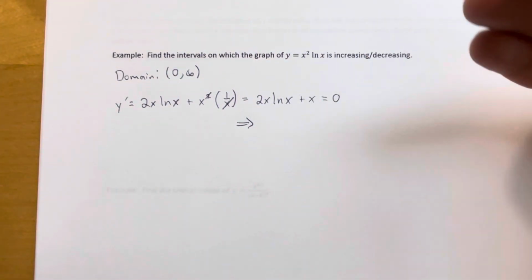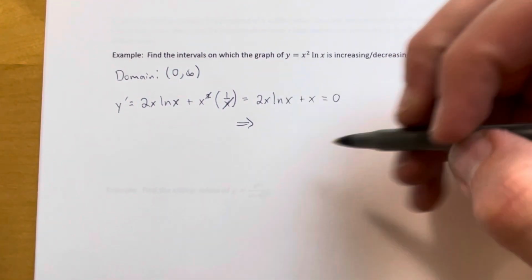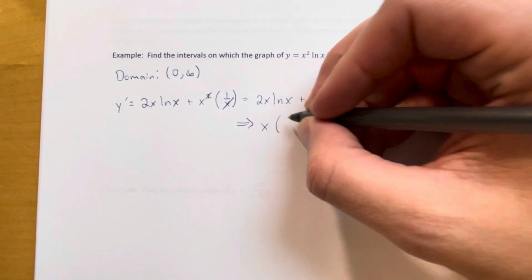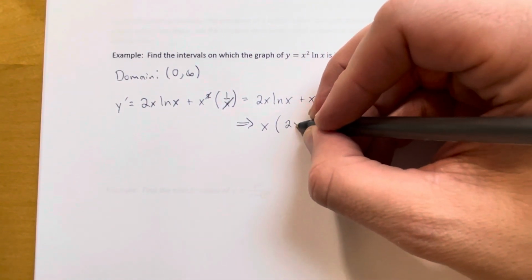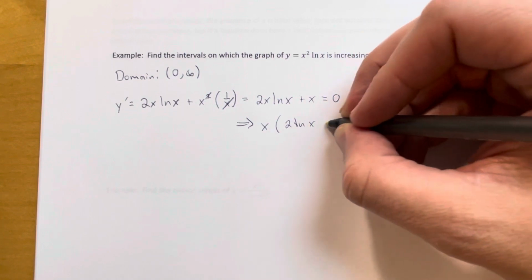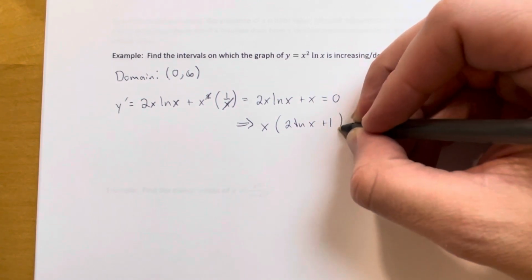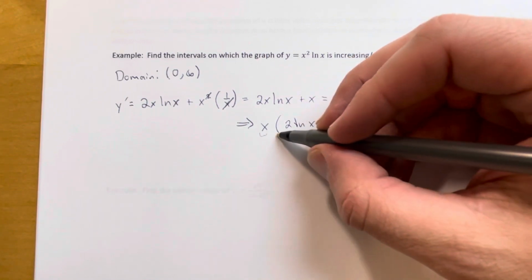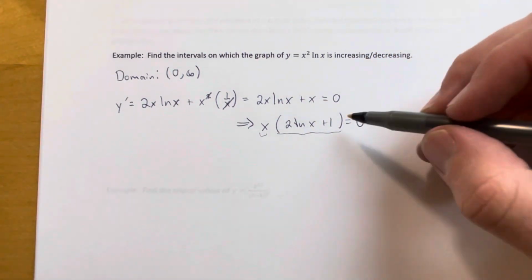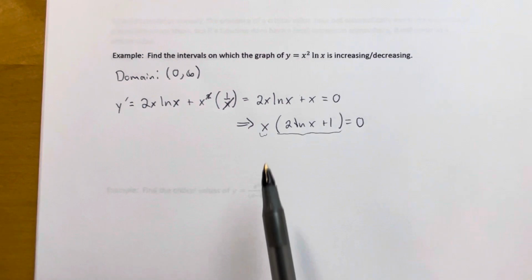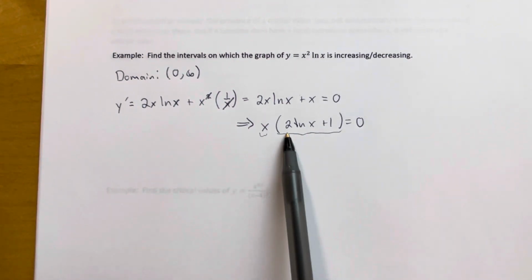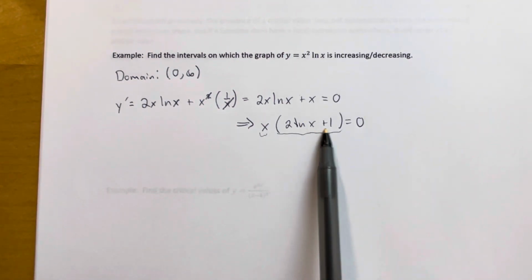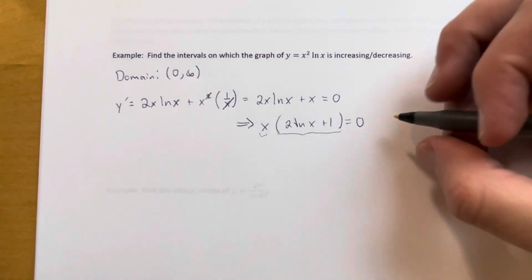It involves an x and a natural log. Factor an x out. x times 2 ln of x plus 1 is equal to 0. So I have a product of two things here. And if it's equal to 0, my zero product property says that either x is equal to 0 or 2 times the natural log of x plus 1 is equal to 0.